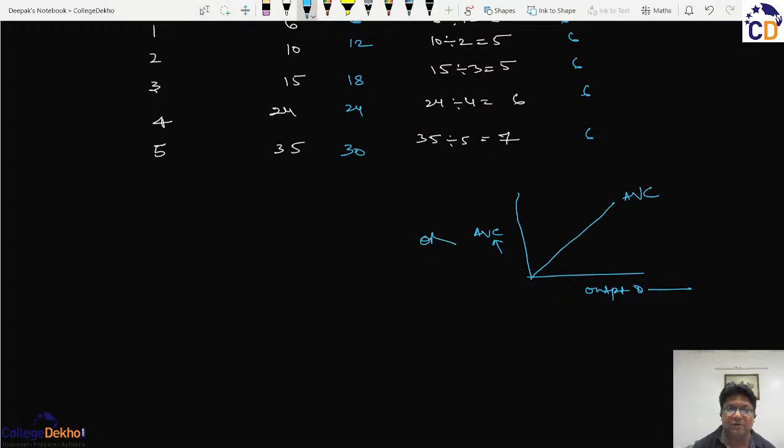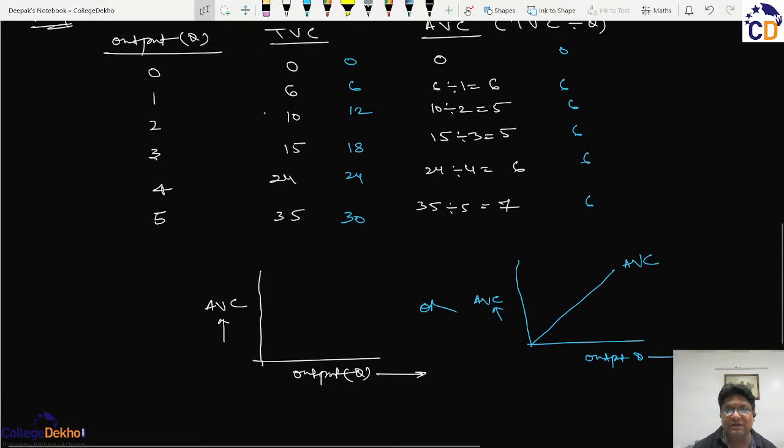But if we go by the normal economic perception, so what is happening here is that if we take the output Q on the x-axis and average variable cost on the y-axis, you can see that it started with 6, then there was a slight fall to 5, and then it started increasing again.